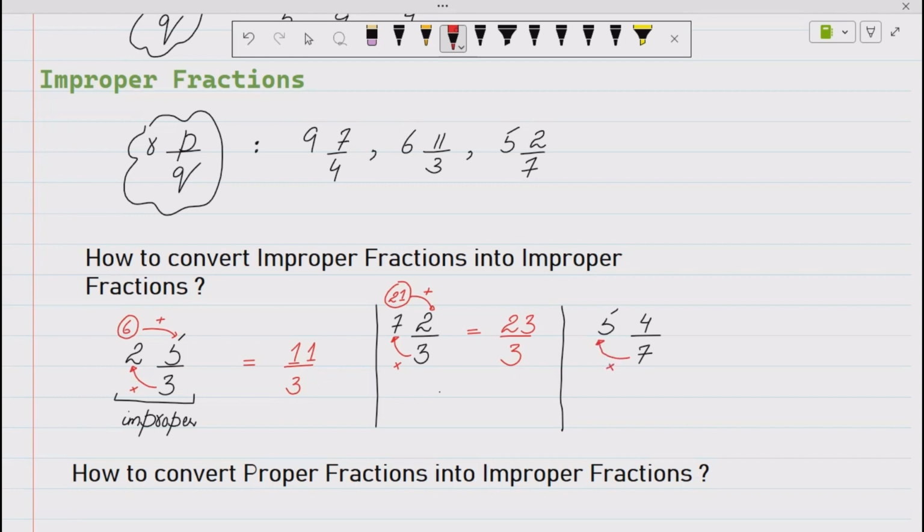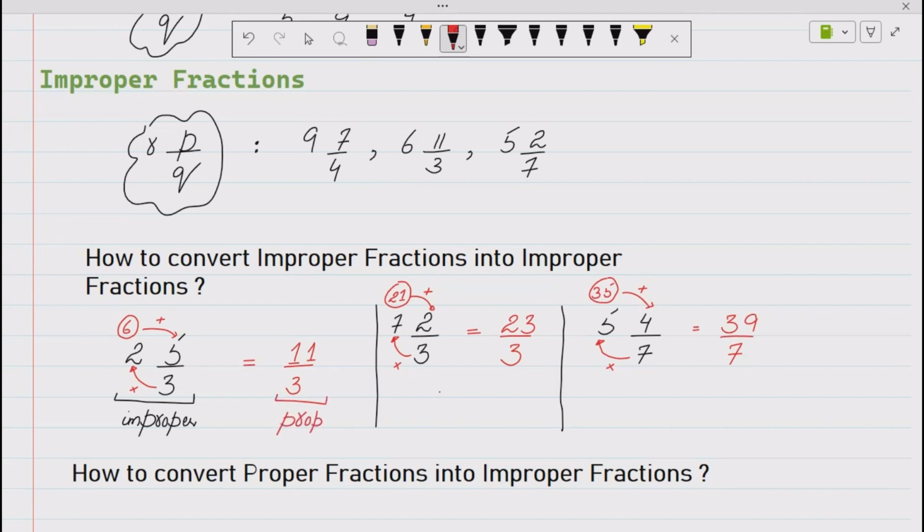So 7 into 5 gives us 35. Then we have to add this 35 to the numerator, which is 4. So 35 plus 4 is 39, so 39 over 7. So you can see it is really easy to convert an improper fraction into a proper fraction.